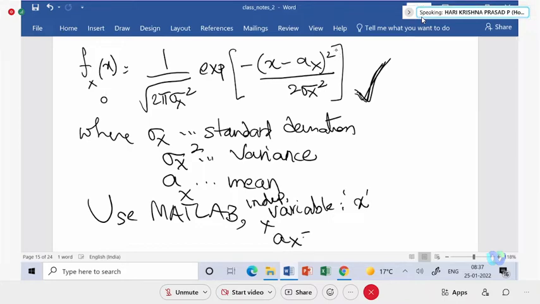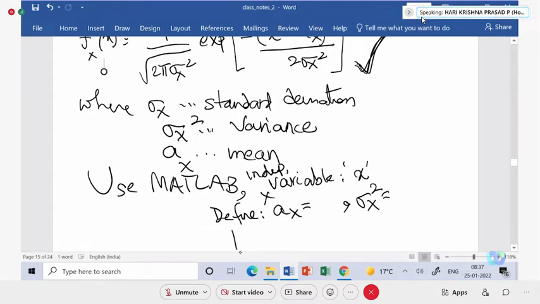You define the value of the mean. Then what is the value of sigma x, or sigma squared x? You define it. Once you define these, write an instruction to plot f_X(x) versus x.